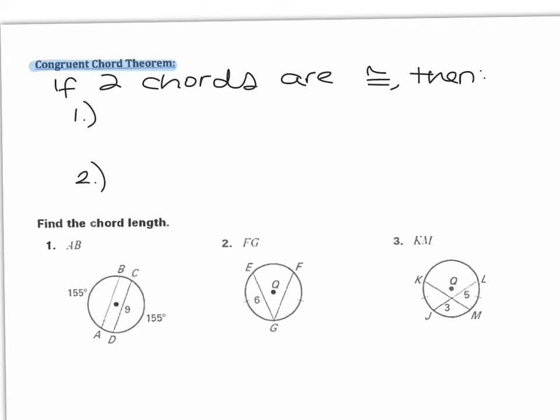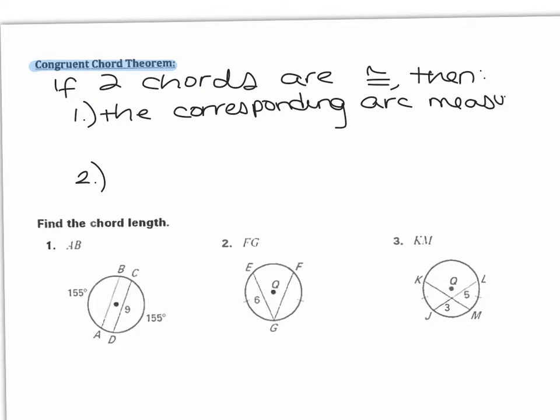The first thing that happens is when two chords are congruent, the corresponding arc measures are also congruent.